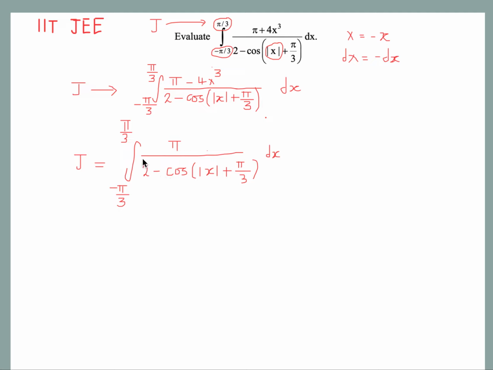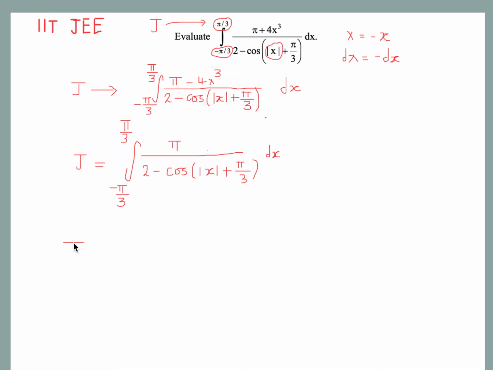This is integrating between negative pi on 3 and positive pi on 3, which means the integral between negative pi on 3 and 0 would be exactly the same as the integral between 0 and positive pi on 3.